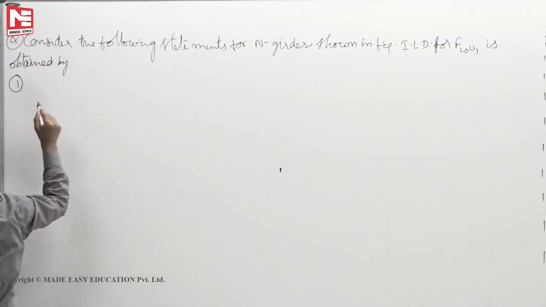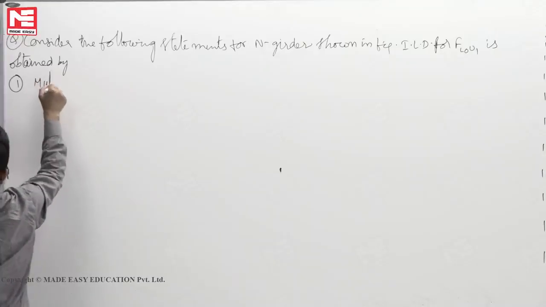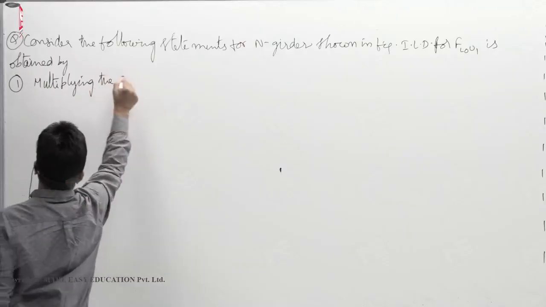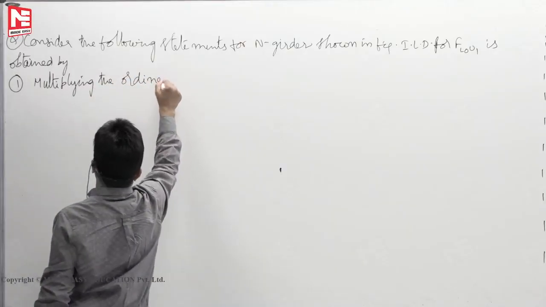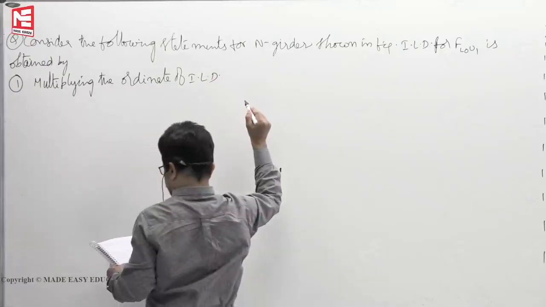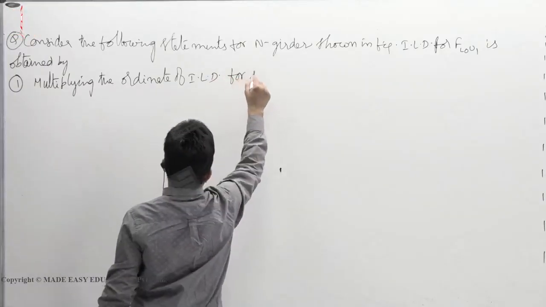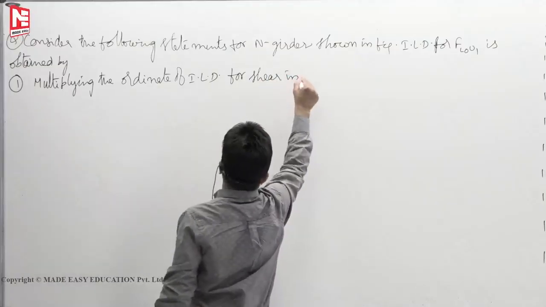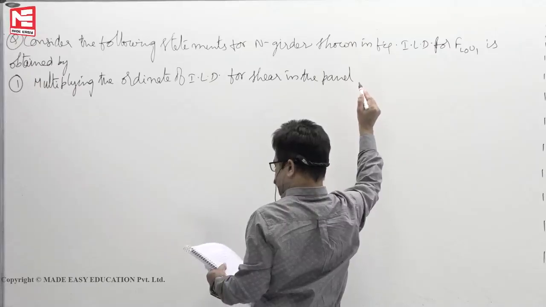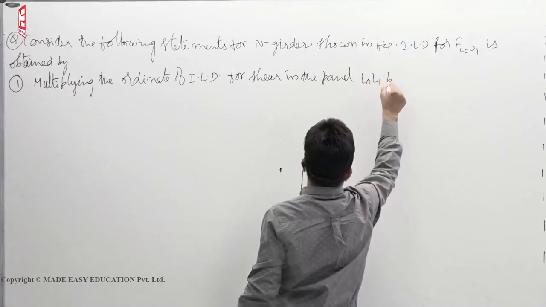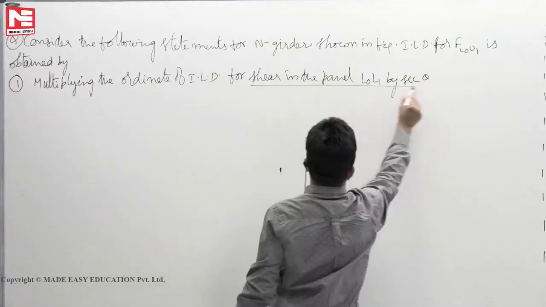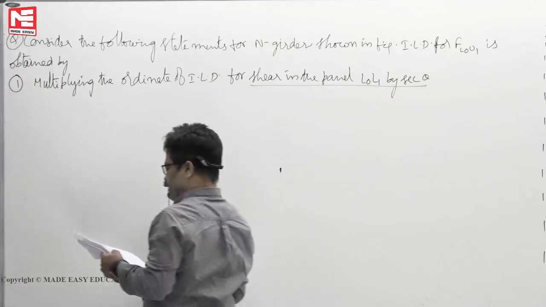First one is multiplying the ordinate of ILD for shear in the panel L0 L1 by secant theta. Shear in the panel L0 L1 by secant theta.